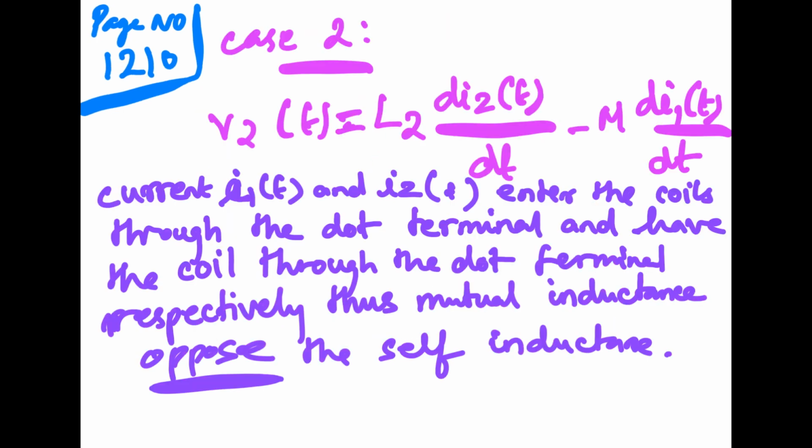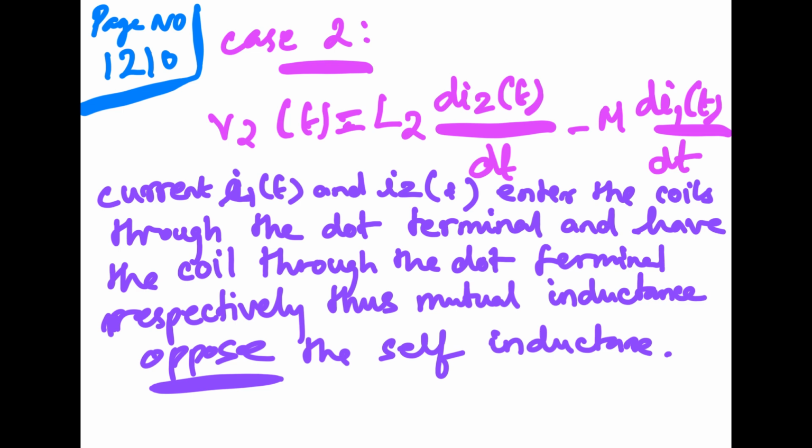Currents i1(t) and i2(t) enter one coil through the dot terminal and leave the other through the dot terminal respectively. Thus, mutual inductance opposes the self-inductance. So put a minus sign for minus M di1(t) and minus M di2(t) in the voltage equations.